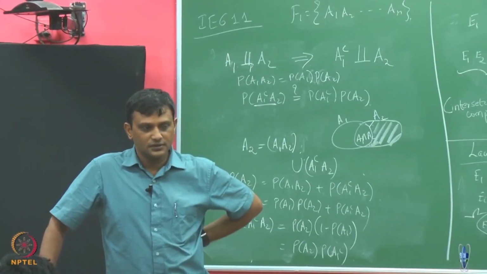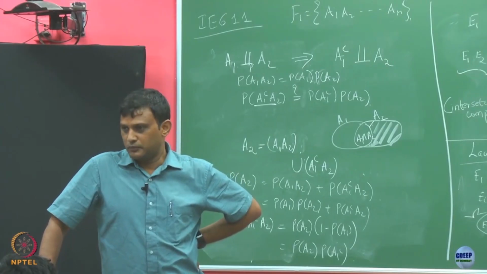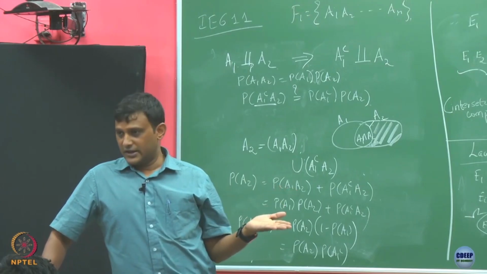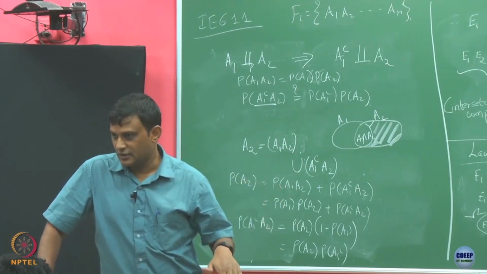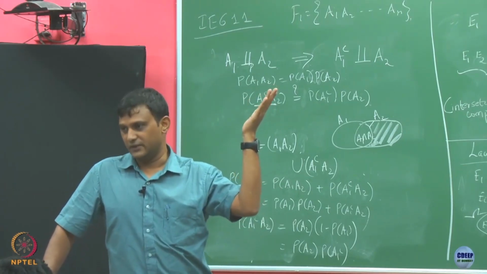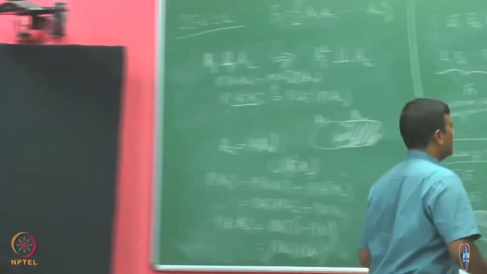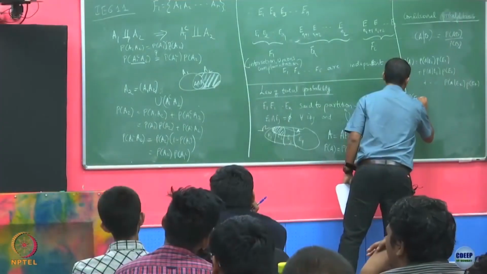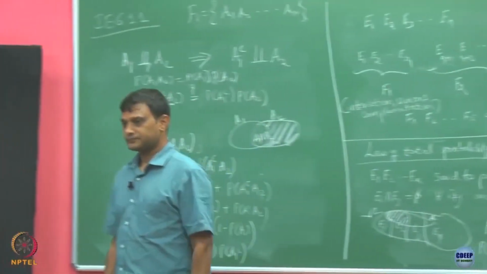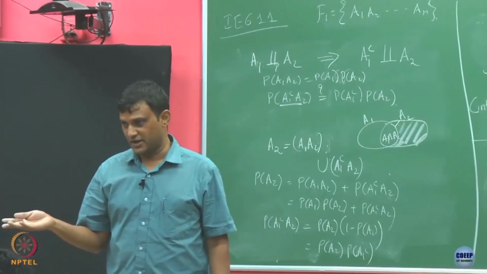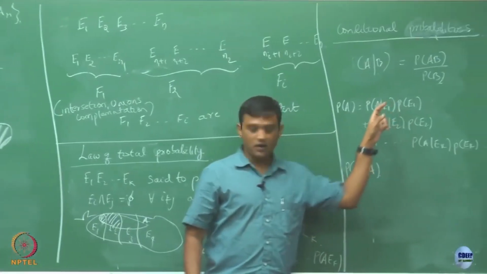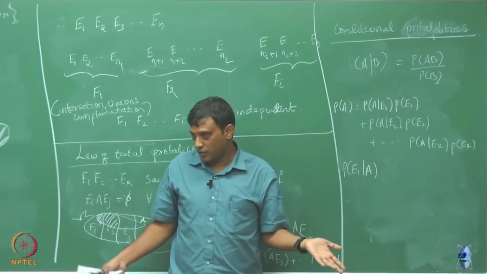Suppose now I ask the reverse question. Event A has happened, what is the probability that it might have been due to E1? So that is, I want to ask E1 given A. I am now asking basically for the posterior probability. These are my prior probabilities I have based on my partition. Now event A has happened, that I have observed.